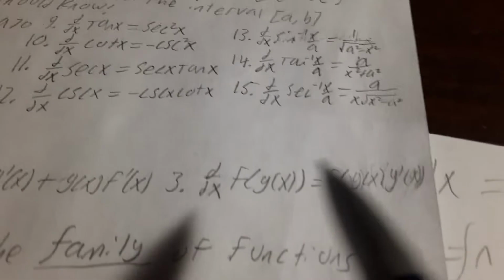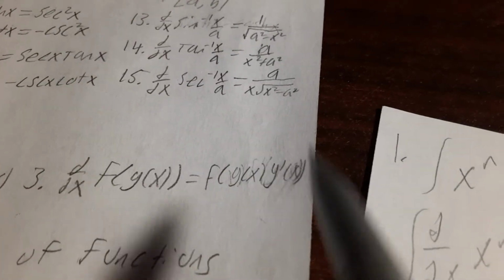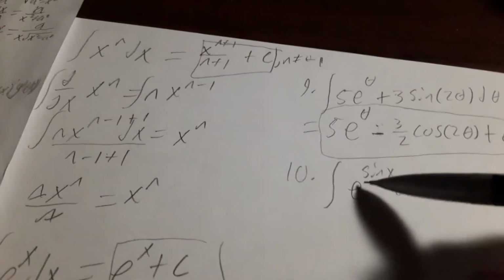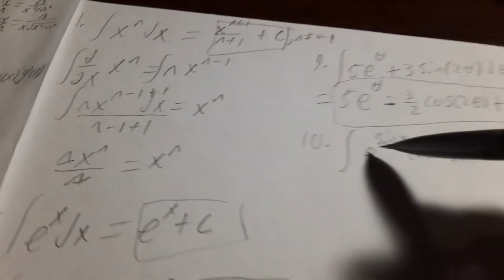Chain rule says the derivative of f of g of x is f prime of g of x times the derivative of the inside, which is g prime of x. So what do we see here? We see f is e to the something. That something is sin x. Now we know that the derivative of sin x is cosine x.